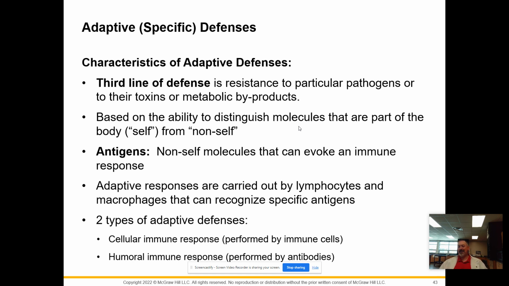Not necessarily good science, but those were the humors of the body. And so one of them is focused on the fluids of the body, and the other is focused on a specific type of cell in the cellular location. The cell mediated immune response is going to be the T cells, and the humoral response is going to be the B cells. We'll get into that.